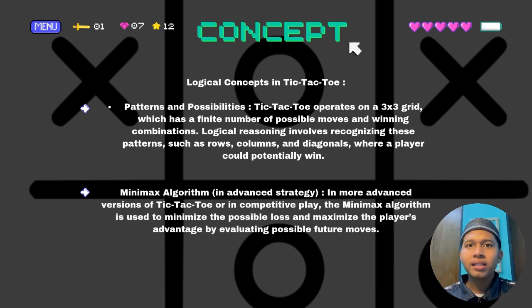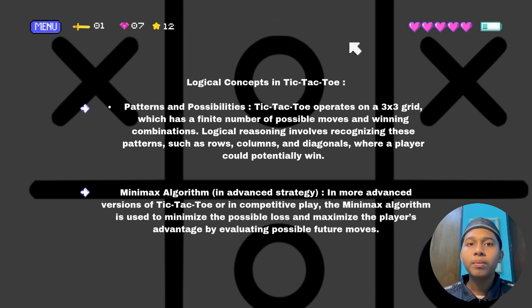Next, the minimax algorithm in advanced strategy. In a more advanced version of tic-tac-toe or in competitive play, the minimax algorithm is used to minimize the possibility of loss and maximize the player's advantage by evaluating possible future moves.